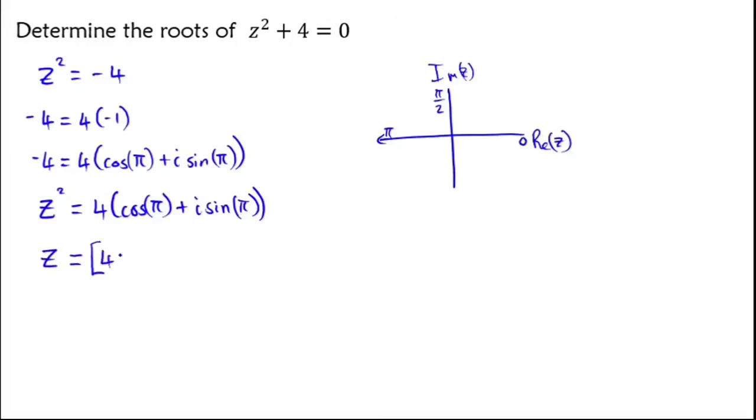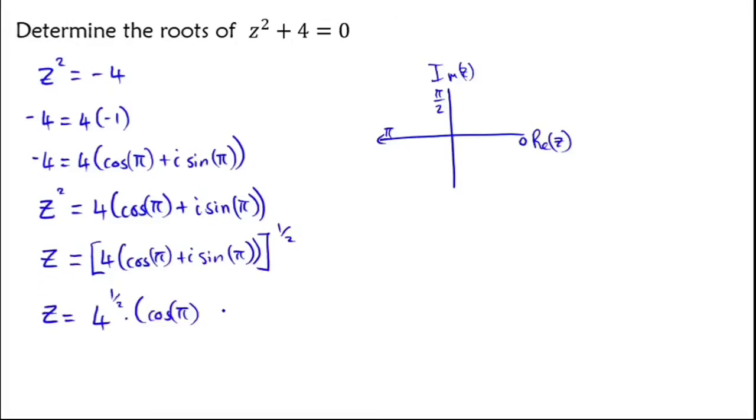So this side I have 4 cos pi plus I sine pi, and this whole thing is raised to the power half, which is just a square root. So z is equal to 4 raised to the power half multiplied by cos pi plus I sine pi raised to the power half.